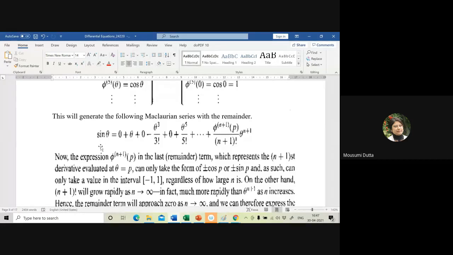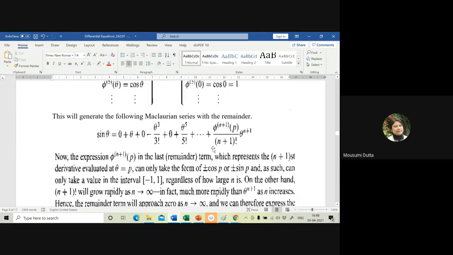F of theta is equal to 0 plus theta plus 0 minus theta cube by factorial 3, and so on. You did it in terms of x, f of x, but the things are the same. And in the remainder term, you got the function derivative to the power n plus 1, divided by n plus 1 factorial, times theta to the power n plus 1.